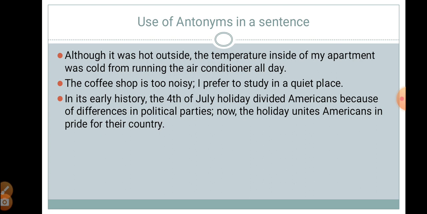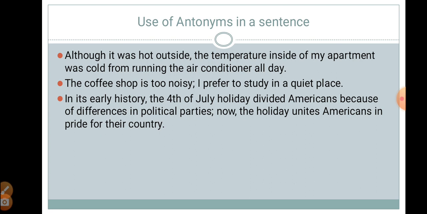Then the second example, we say the coffee shop is too noisy. Maybe there are too many people there. People stay in the coffee shop because they have much interest there. Then I personally prefer to study in a quiet place.